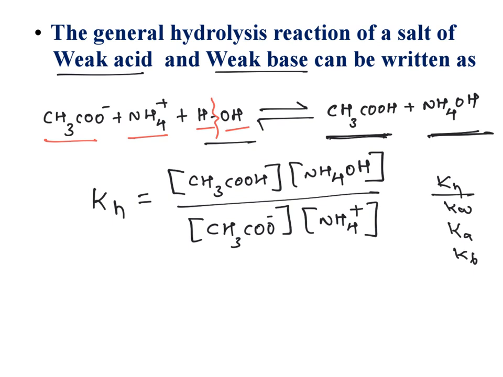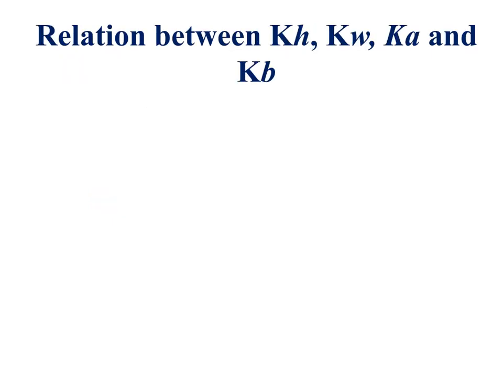So for the salt of a weak acid and weak base, the two terms involved are acid dissociation constant and base dissociation constant. Let's take the relationship between hydrolysis constant, ionic product of water, acid dissociation constant and base dissociation constant.